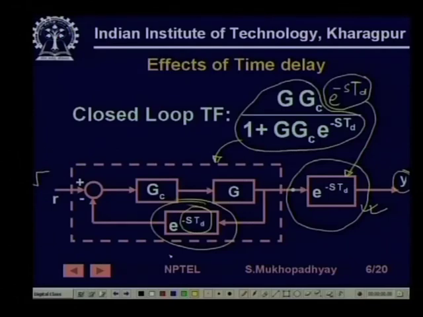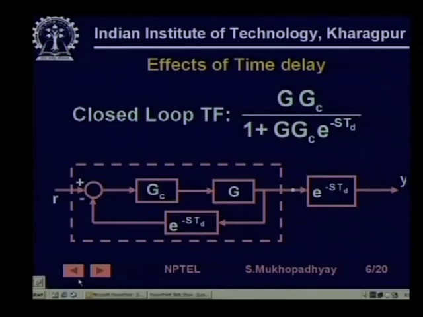How does it cause the problem? To understand that, let us first notice that in the delay free process this would have been a direct term. In the delayed process we are going to add additional loop phase lag without adding anything to the loop gain, because the magnitude of this operator is always 1, only there is a phase lag.